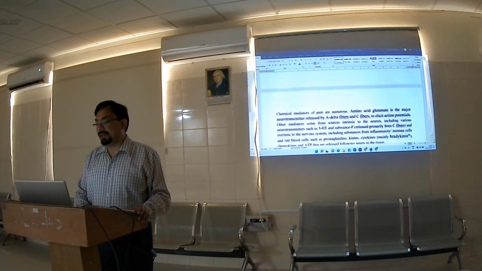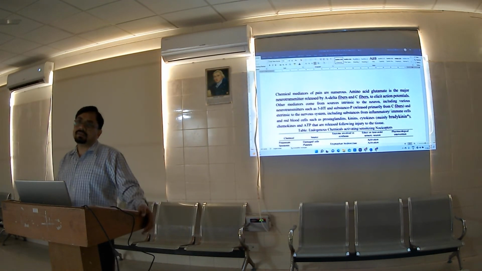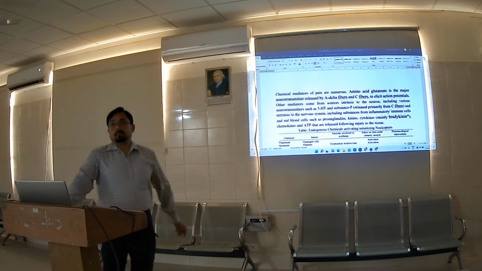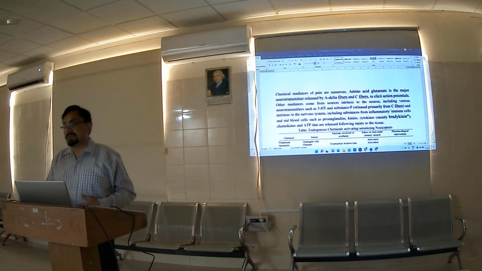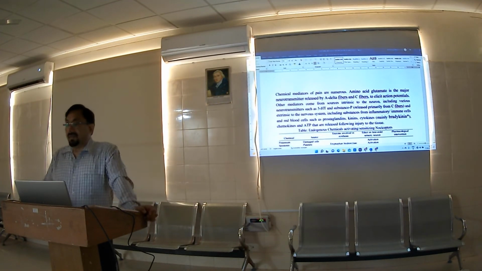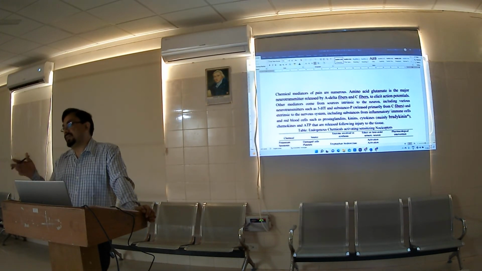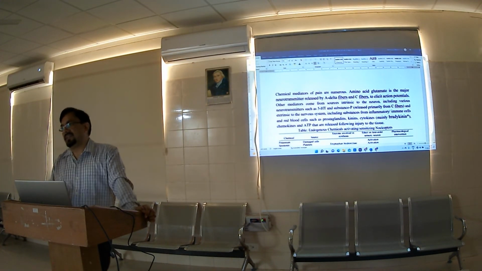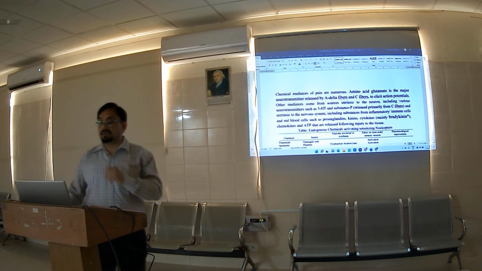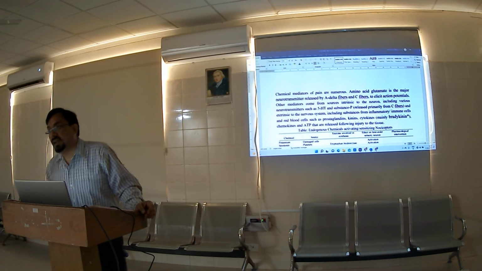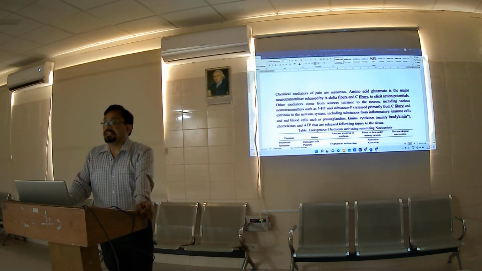Chemical mediators of pain are numerous, as we had seen in the case of mediators of inflammation. But here some of the important mediators have been picked out. Amino acid glutamate is acting as a neurotransmitter in both types of fibers, A delta fibers as well as C fibers. So glutamate is the major neurotransmitter released by A delta fibers and C fibers to elicit an action potential.